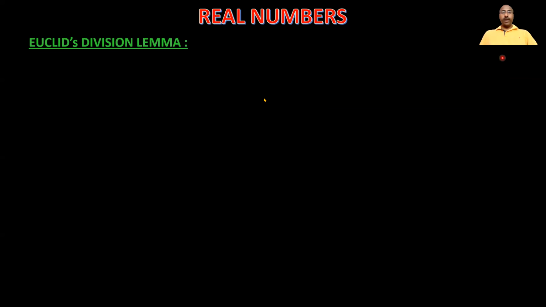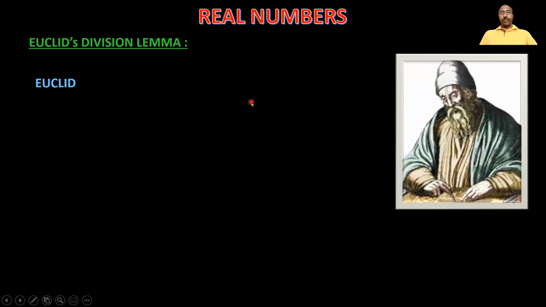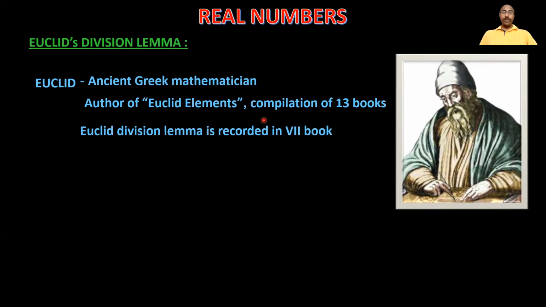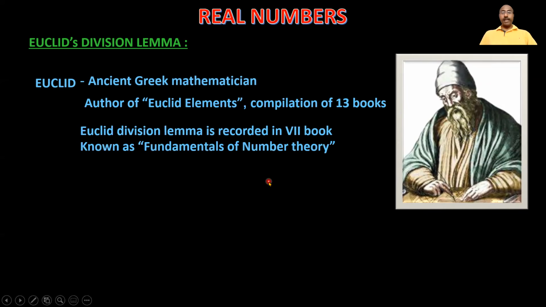I think you know about Euclid, the famous ancient Greek mathematician, who is the author of Euclid's Elements, a compilation of 13 books regarding mathematics. Our present topic, Euclid's Division Lemma, is recorded in the 7th book, which is known as Fundamentals of Number Theory.